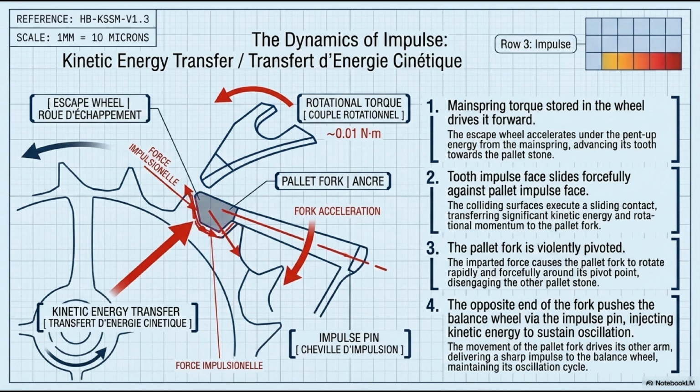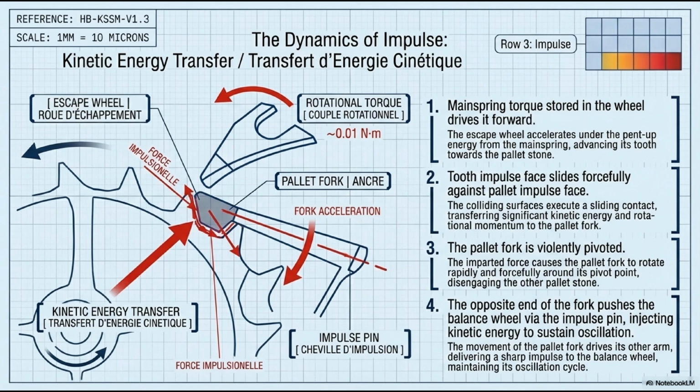Step 3. The pallet fork is violently pivoted. That torque rotates the fork from one banking position toward the other, sweeping through its total lift angle of approximately 10 degrees. Step 4. The fork mouth pushes against the impulse pin on the large roller, injecting kinetic energy into the balance wheel.